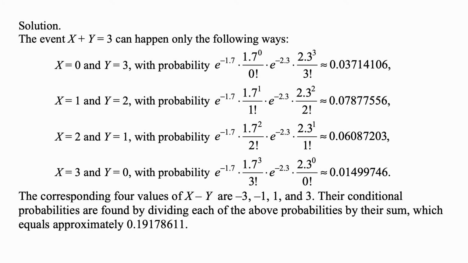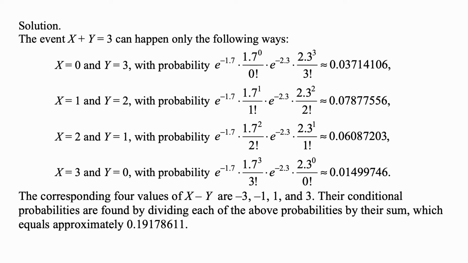It's a little bit of calculation, but you can see immediately that e to the minus 1.7 times e to the minus 2.3 is simply e to the minus 4, and use that number in all calculations. So that simplifies it a bit, but it's a bit tedious to do all these calculations.